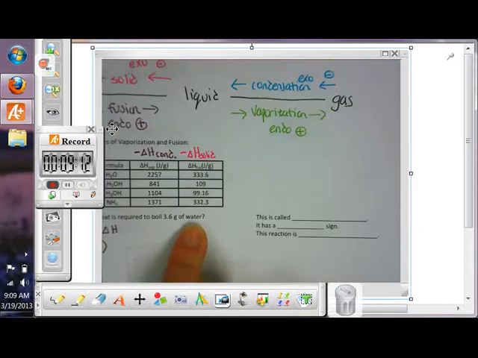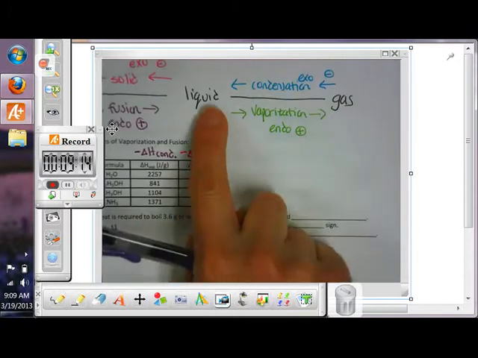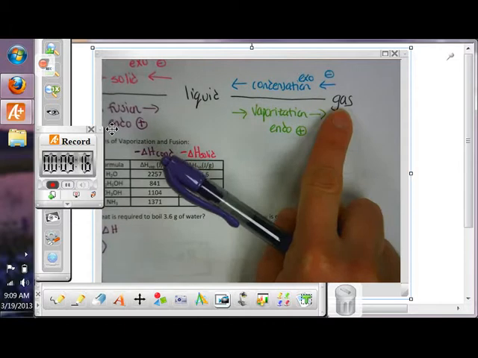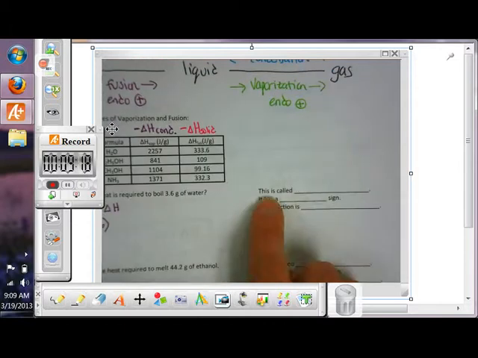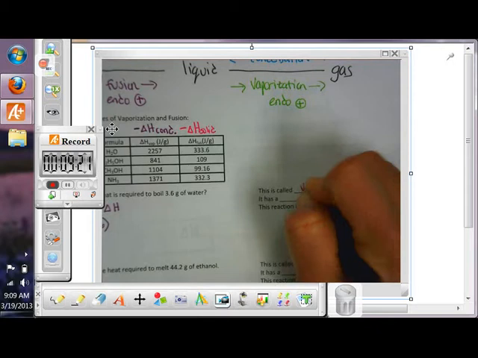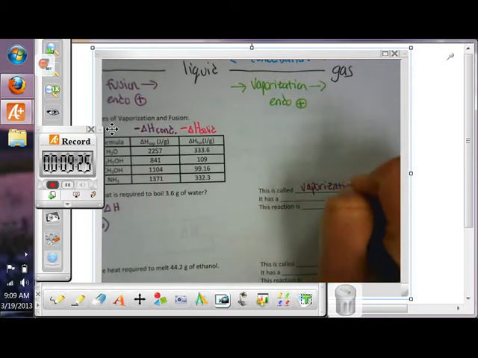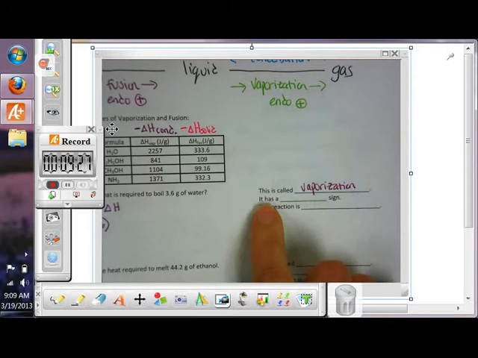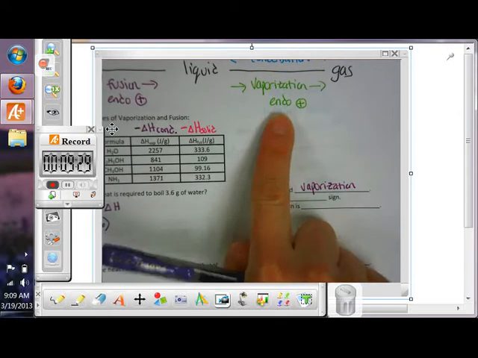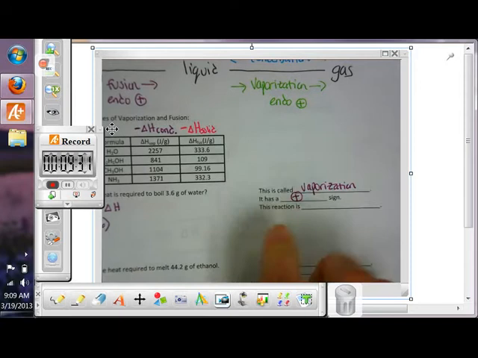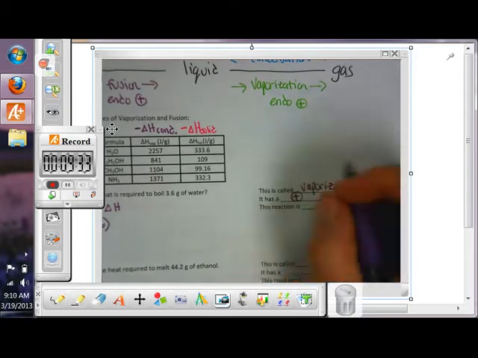Okay, so if we are boiling, we are going from a liquid to a gas. So that is called vaporization. So I'm going to write this is called vaporization. Now, vaporization is an endothermic reaction, so it has a positive sign. And this reaction is endothermic.